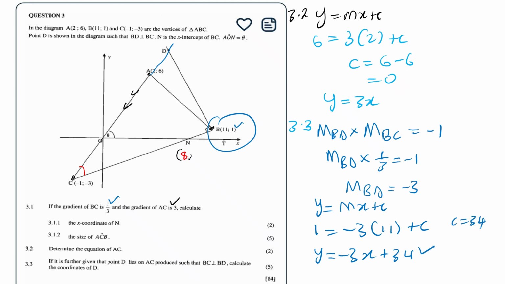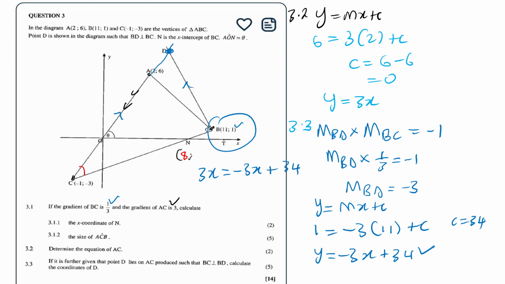Very good. Now because we want to find point D, we can equate the equation of BD and the equation of AC. So we can say 3x is equal to -3x plus 34.